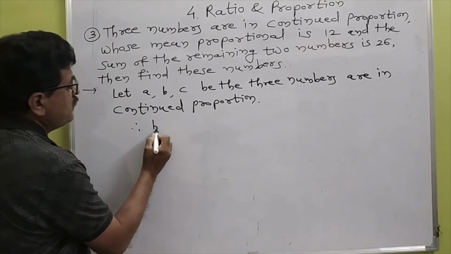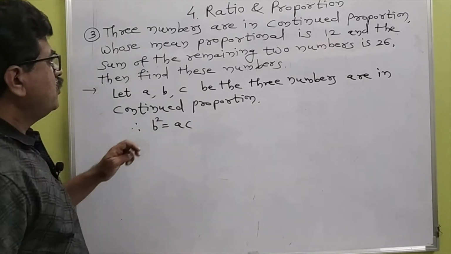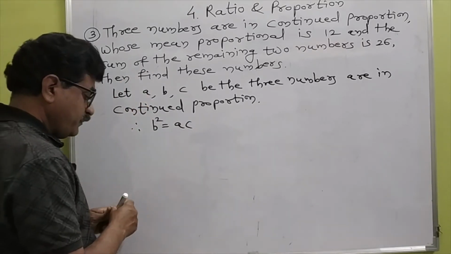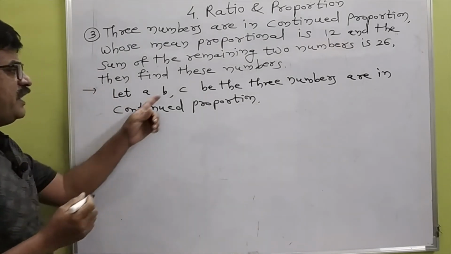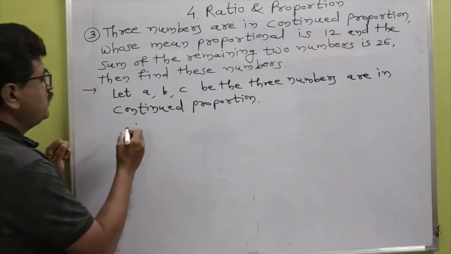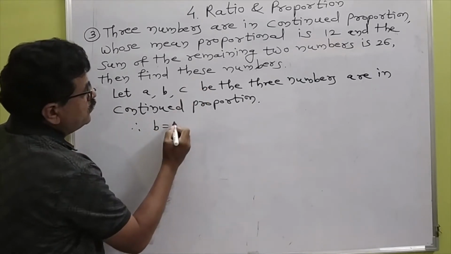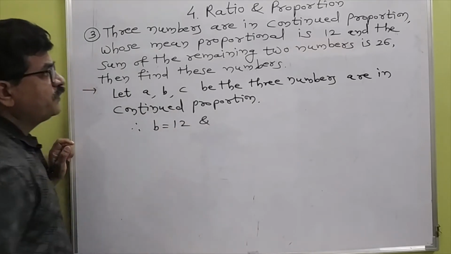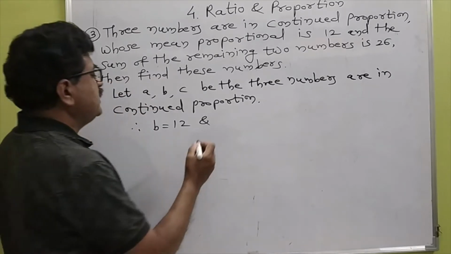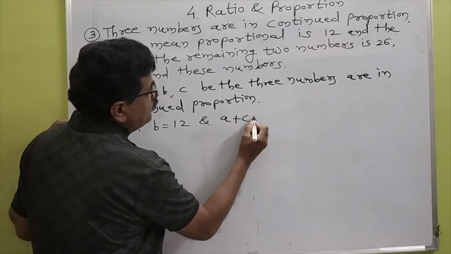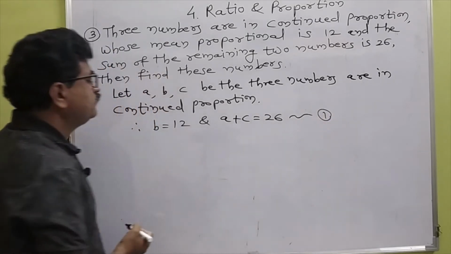Here B is the mean proportional of A and C. Therefore, mean proportional B is equal to 12 and the sum of the remaining two numbers, that is A plus C, is equal to 26. This is equation 1.